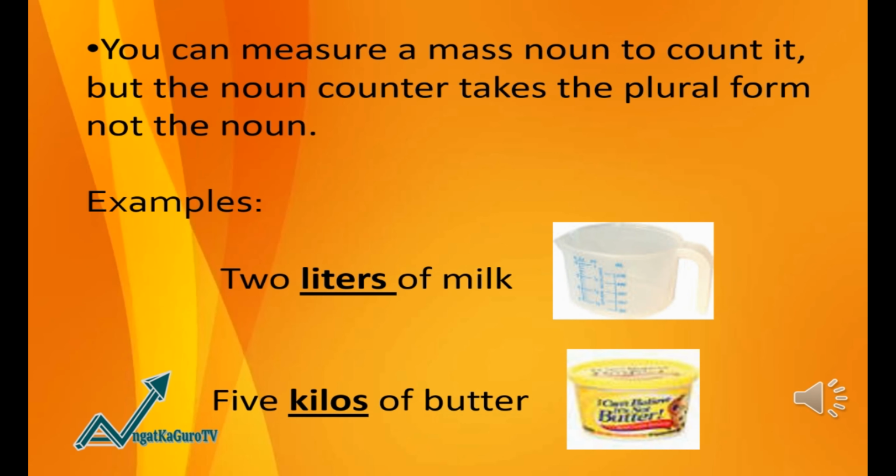Class, you can measure a mass noun to count it, but the noun counter takes the plural form, not the noun. Examples: 2 liters of milk and 5 kilos of butter.